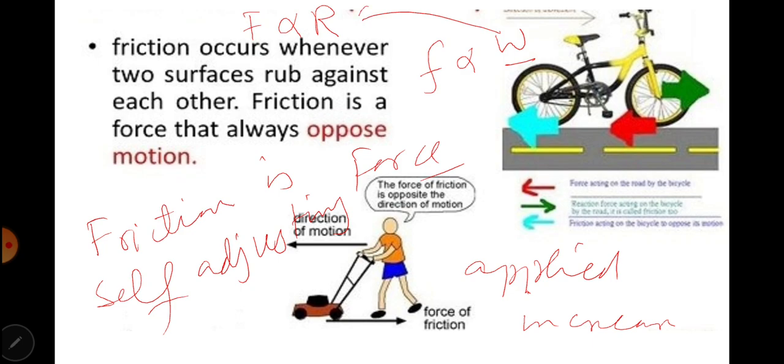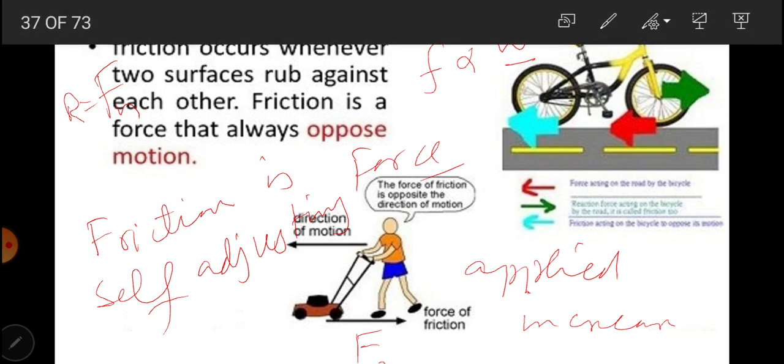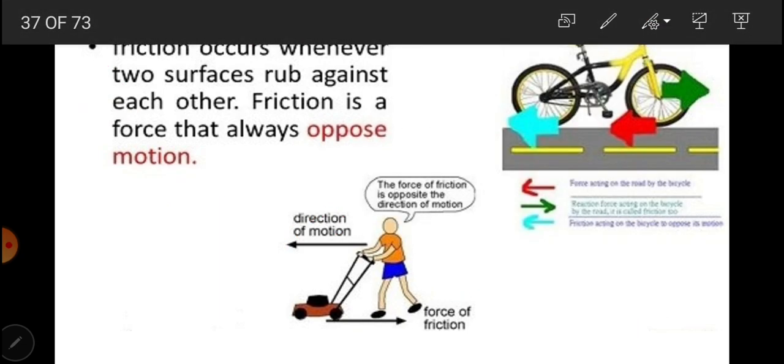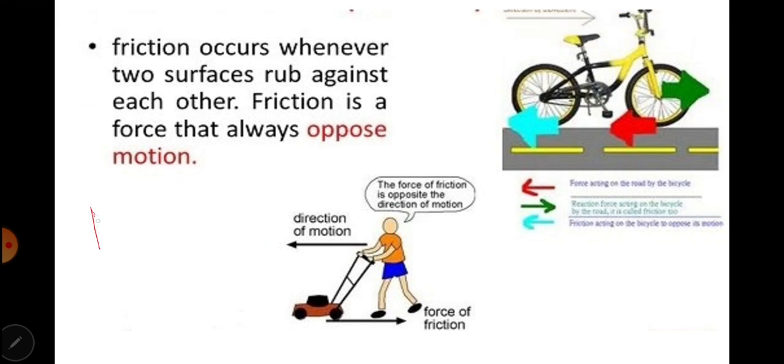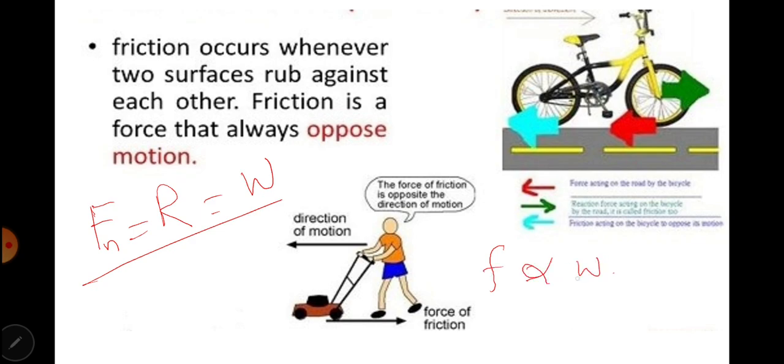Weight is also represented by R, and R is also represented by Fn, the normal force. If N is the normal force, represented by R, which means reaction, it is equal to W. These are all the same forces. So the force of friction is directly proportional to the weight of the body.